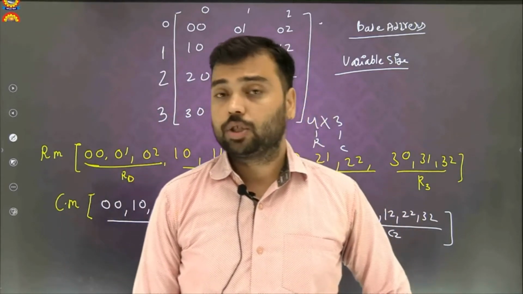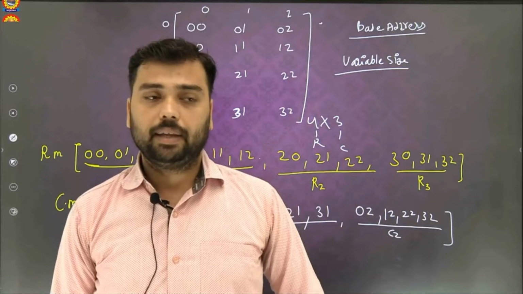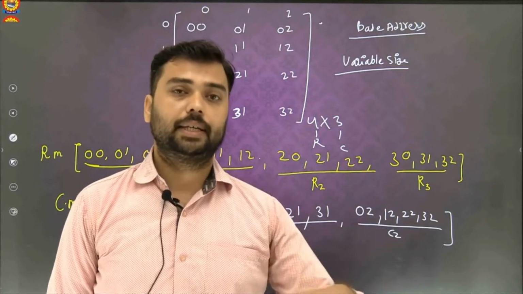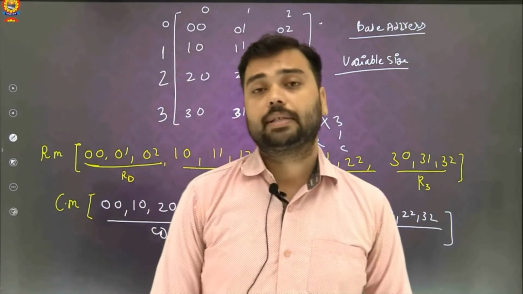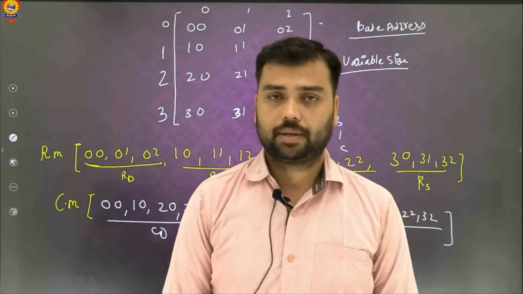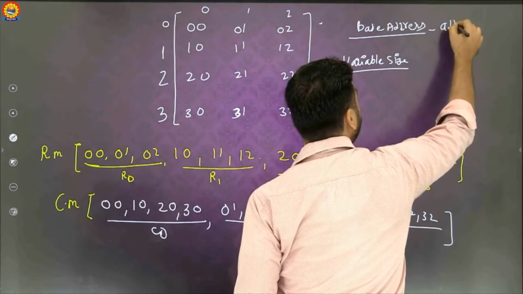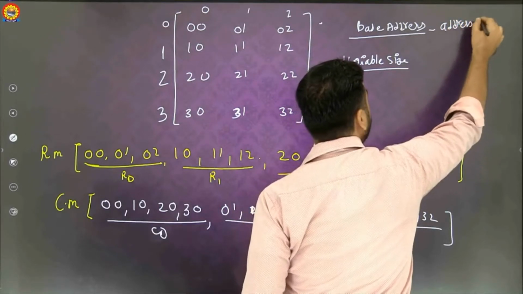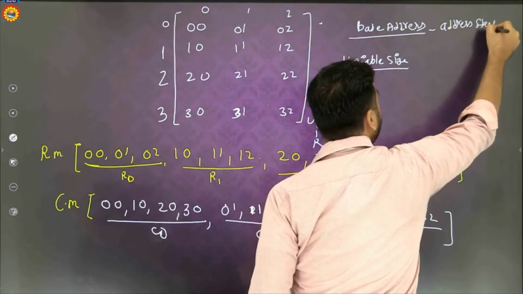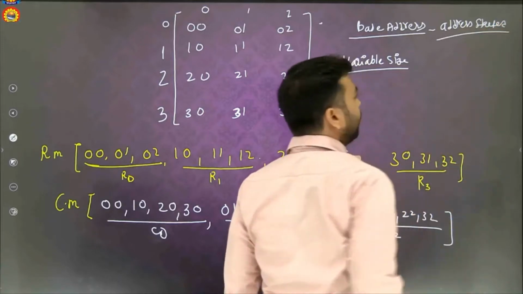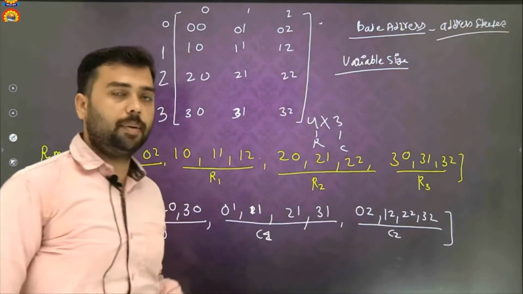So 33 is your base address, and then 34, 35 and 36 and so on. So where the address is started, it is known as a base address.